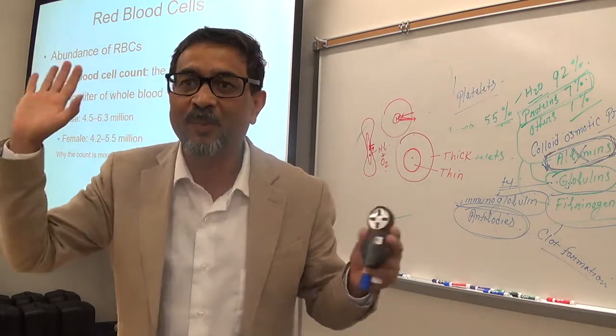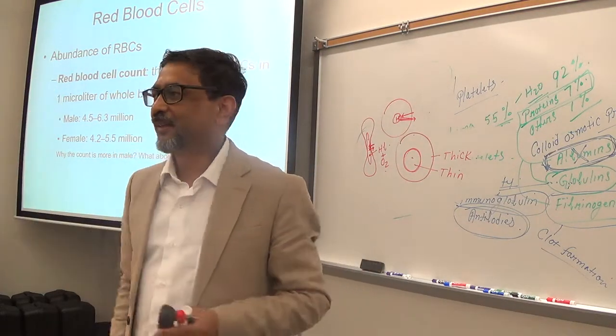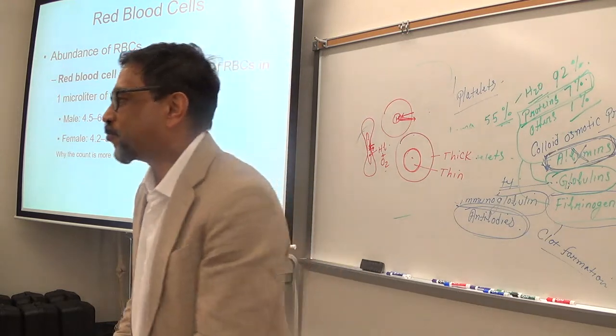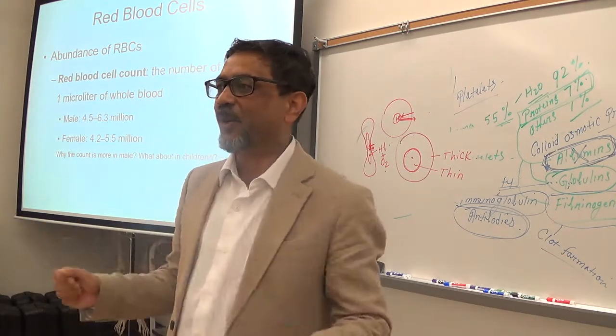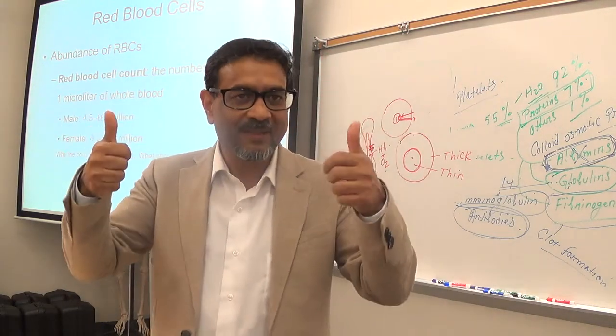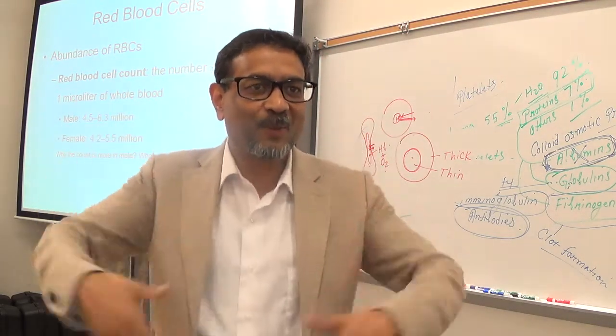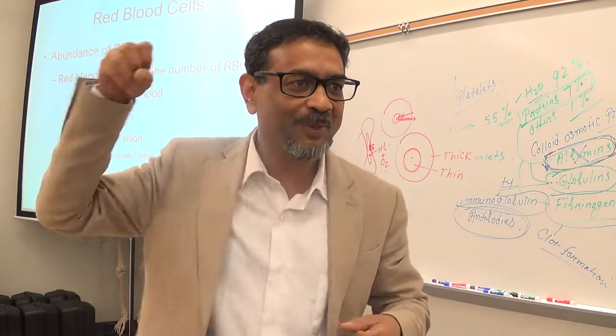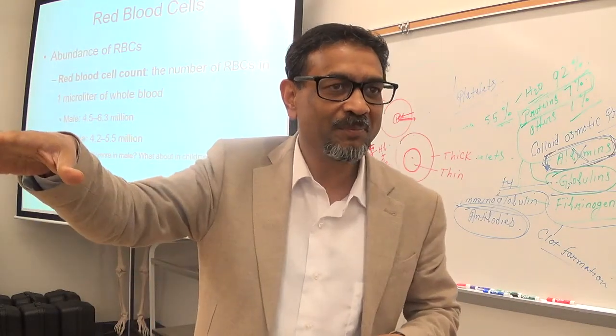Oxygen is required for metabolism. You know that. Now you tell me. You all know when you do exercise, right? Metabolism increases, right? So that's why blood circulation increases, to give more oxygen to the tissue.